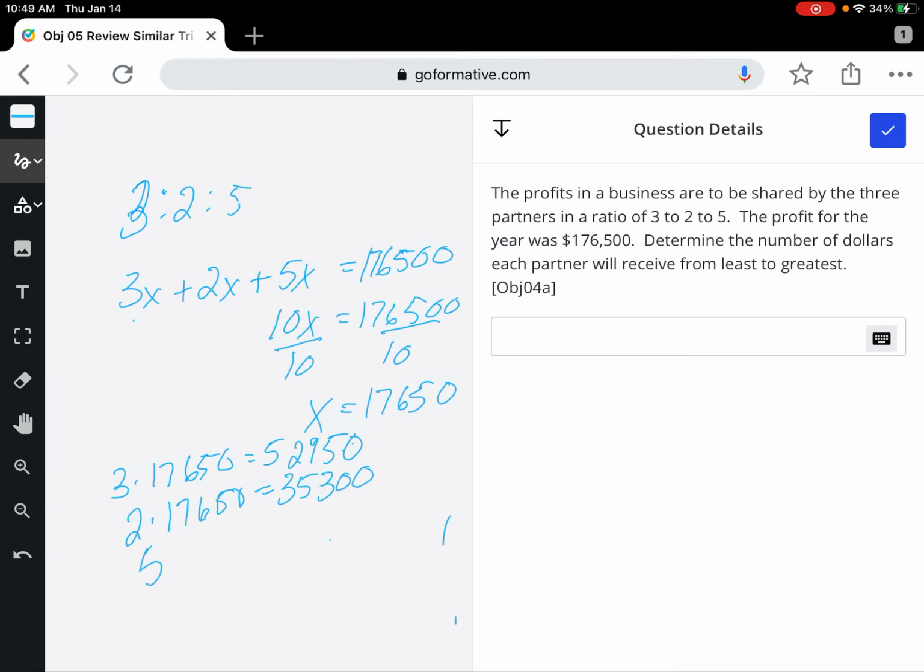And the last one is going to be 5 times 17,650, which is 88,250. And you're going to write it from least to greatest, so it's going to be 35,300, 52,950, and 88,250.